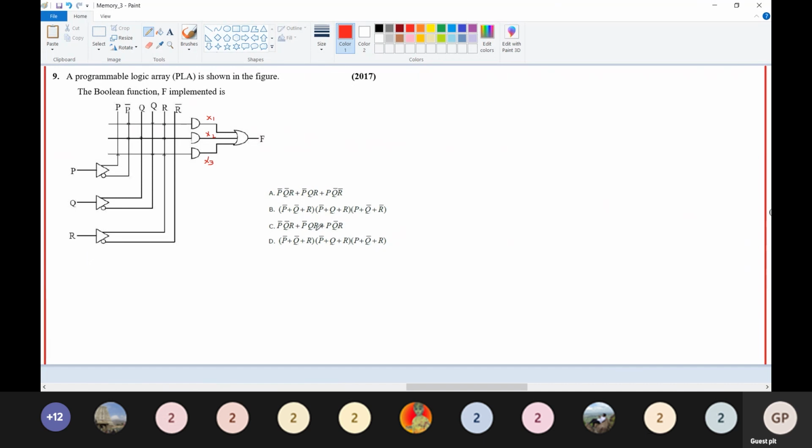In PLD, programmable logic device, we have three main classifications: PROM, PLA, and PAL.